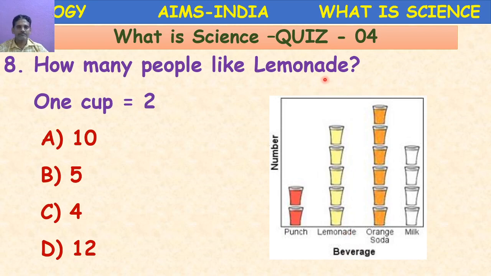Yes, I got the answer. How many are there here? 1, 2, 3, 4, 5. 5 2s are 10. So the answer is A. If you are considering orange soda, how many? 12. This is 4. Let us proceed to the next question.